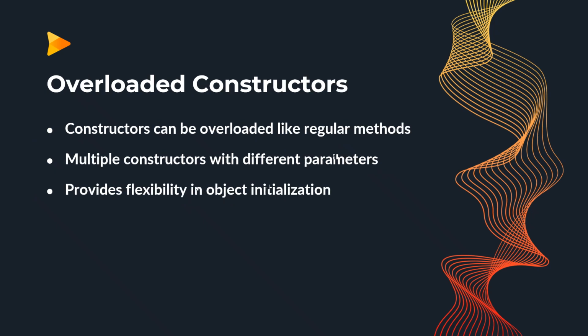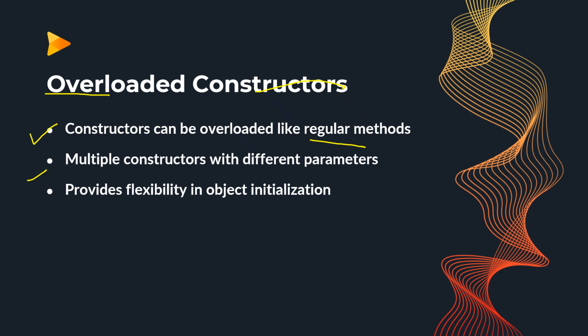Okay, now we are going to see overloaded constructors. We are going to see overloading and overriding in our further videos, but just understand these constructors. A constructor can be overloaded like regular methods. We are going to see how to overload methods in further videos. A constructor can also be overloaded, with multiple constructors having different parameters.